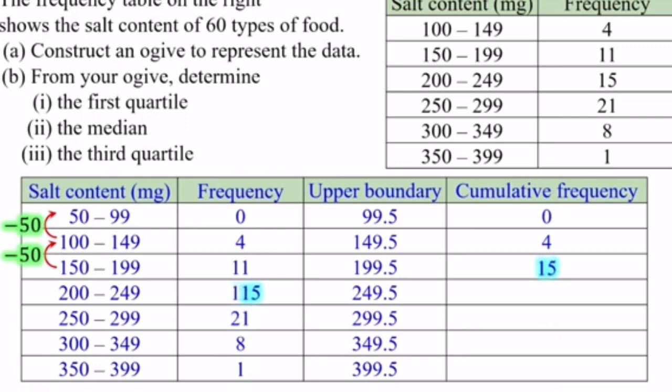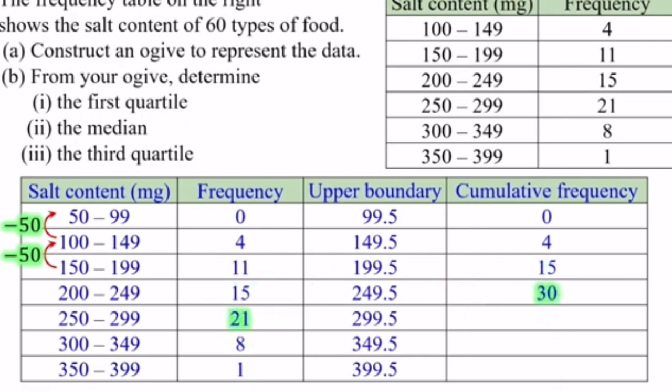So we will take 15 plus 15, so the answer is 30, the cumulative frequency for the class interval 200 to 249. With the 30, we are going to add 21. 21 plus 30, so we get 51.